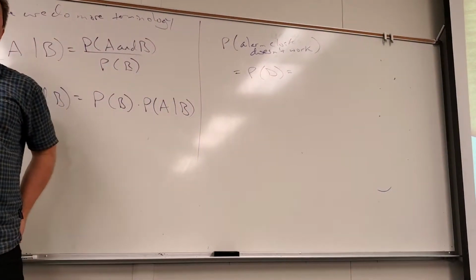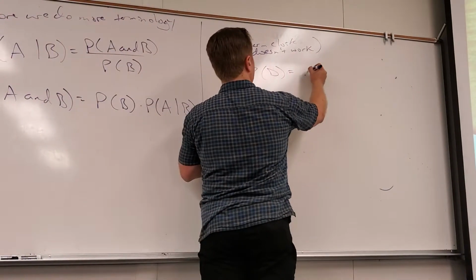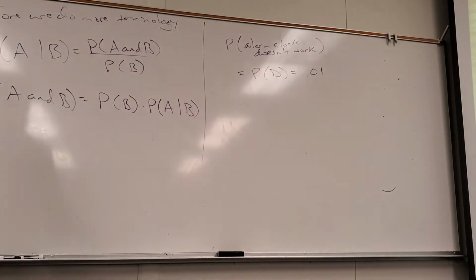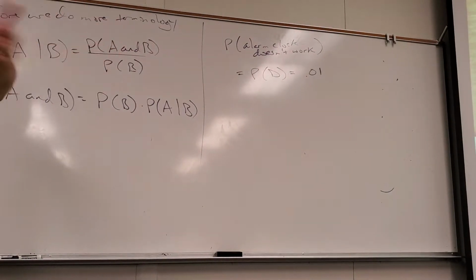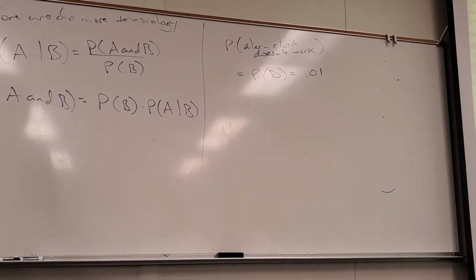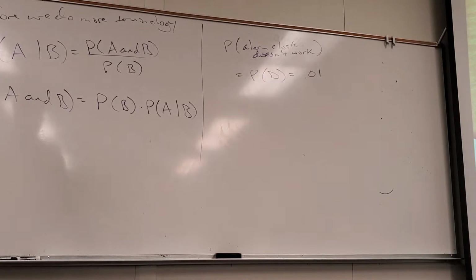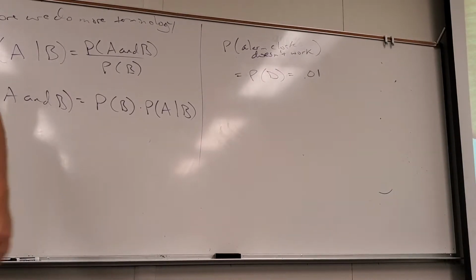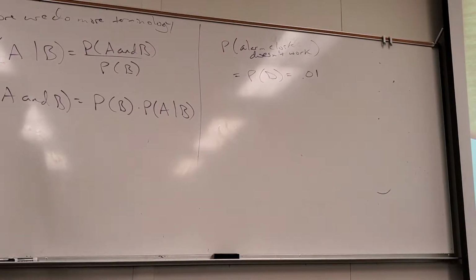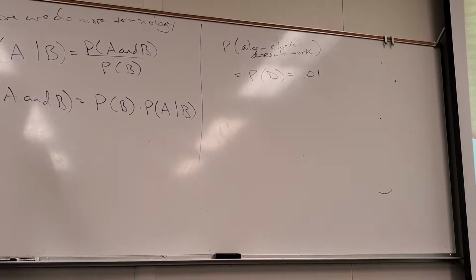Let's say the probability it doesn't work is like, let's make it 1%. Which honestly is a little high, but which means 1 out of every 100 times on average it won't work. Now, most alarm clocks are obviously better, but just so it's easier to work with, let's say I have this crappy alarm clock that I got from the dollar store, and it's a 1% chance. I'm not saying everything at the dollar store sucks. I'm sorry if somebody took offense at that. There's a 1% chance it's not going to work. You guys with me?